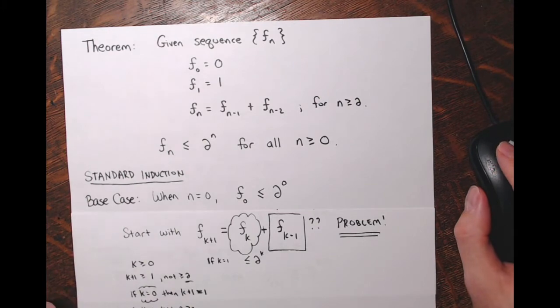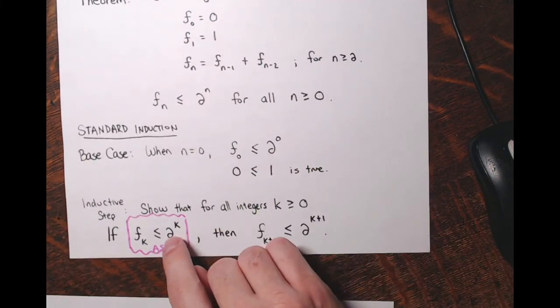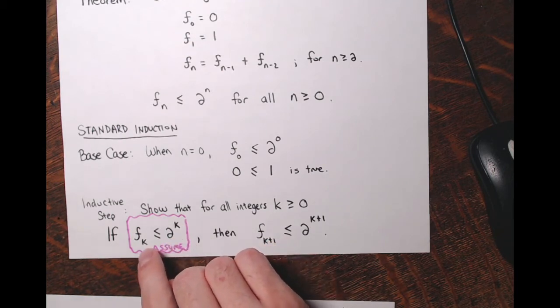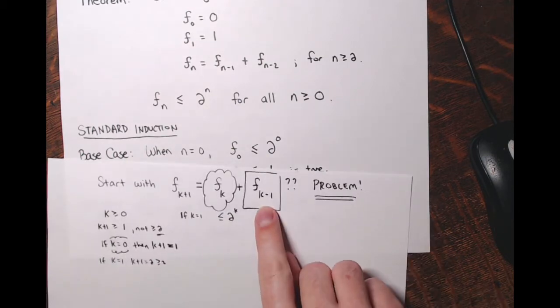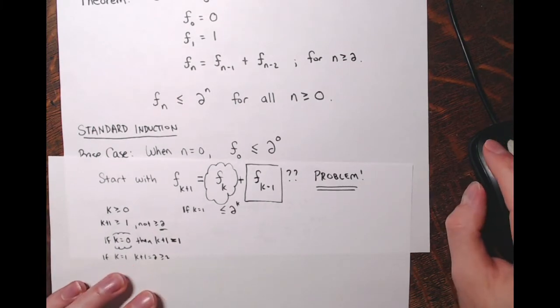Establishment of more base cases and a stronger assumption. We need a stronger assumption. I not only need to assume something about k, but also about f k minus 1. So we need more in our assumption as well, in our inductive hypothesis.